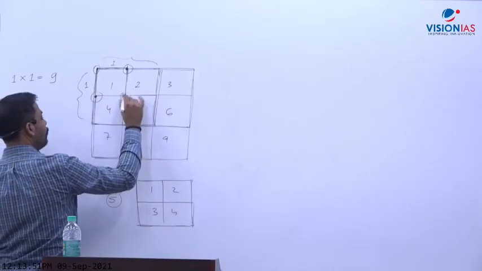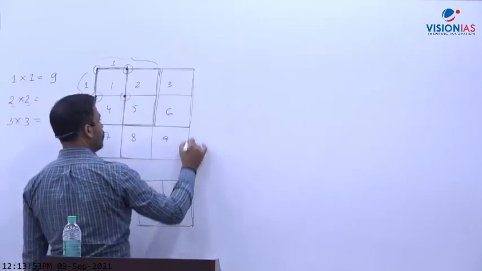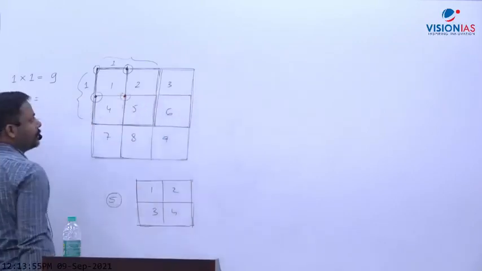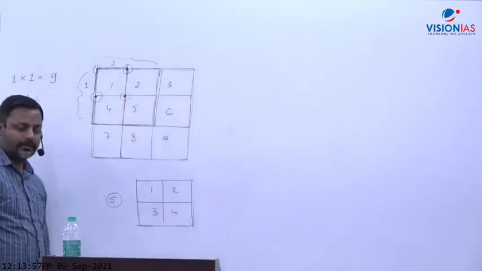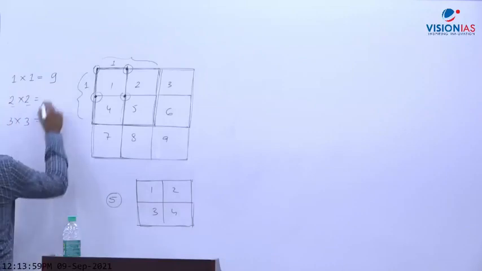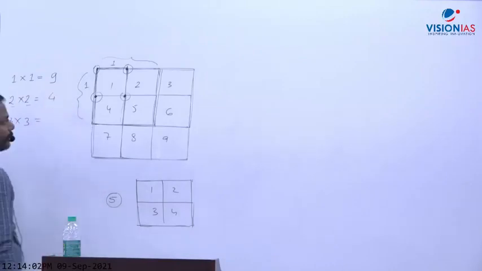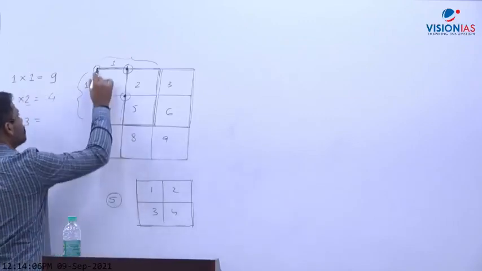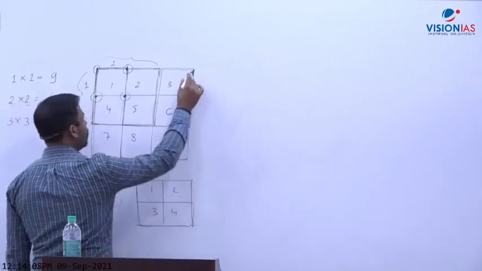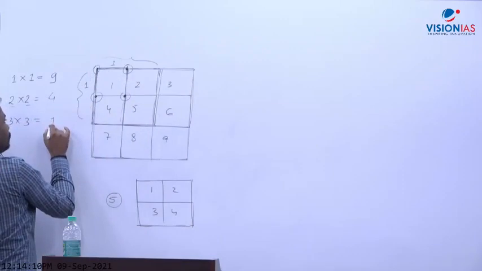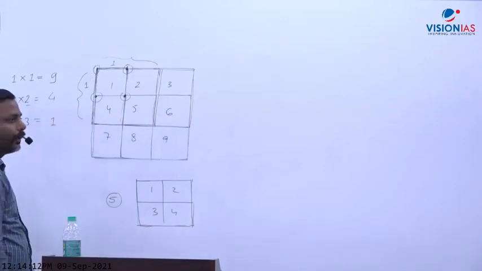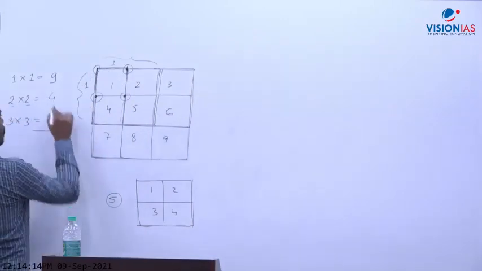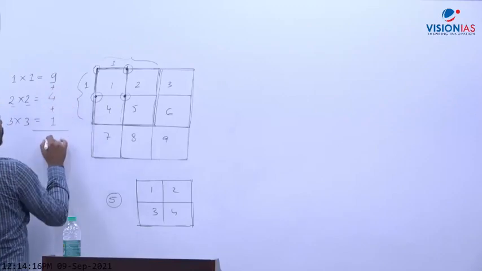And from this point also, we are getting a square of 2 by 2 size. So how many squares are there of 2 by 2 size? 4 squares are there. Now what about 3 cross 3? Means the larger one. So we are getting a larger square here as well. So a total of how many squares are there now? Add all of them. 9 plus 4, 13 plus 1, 14.